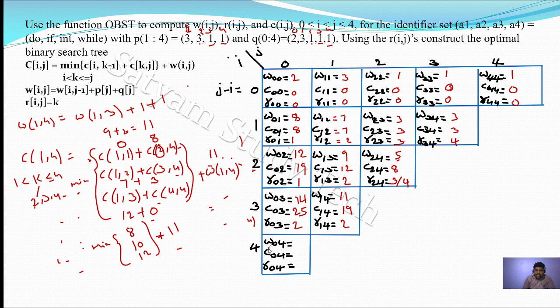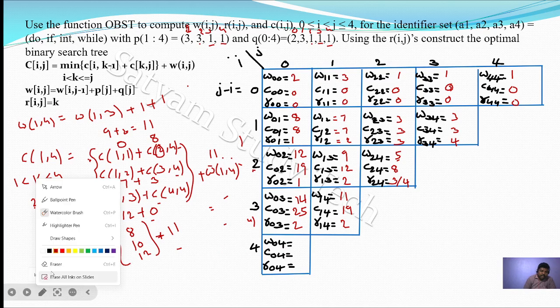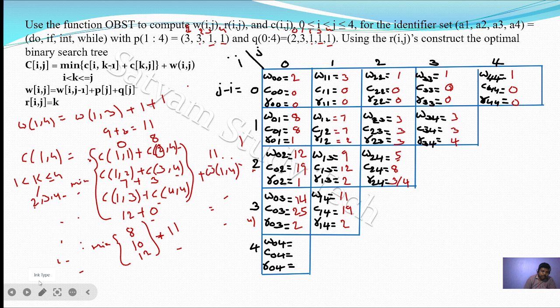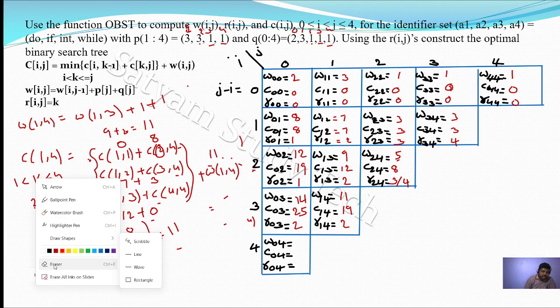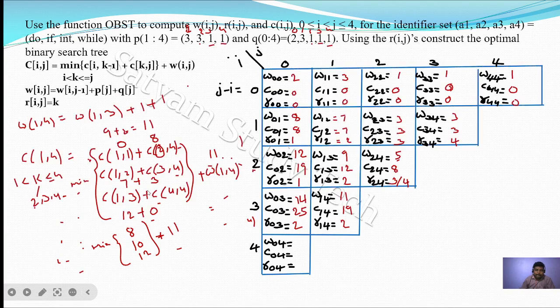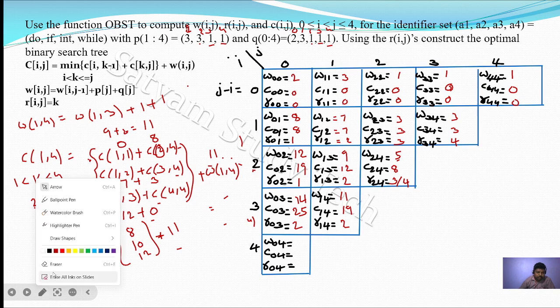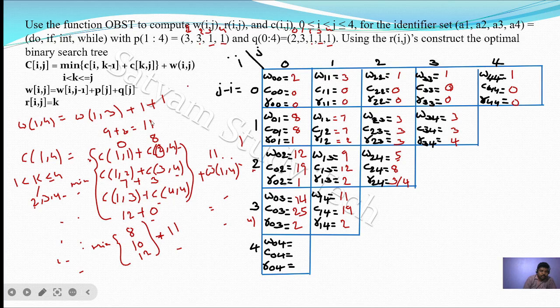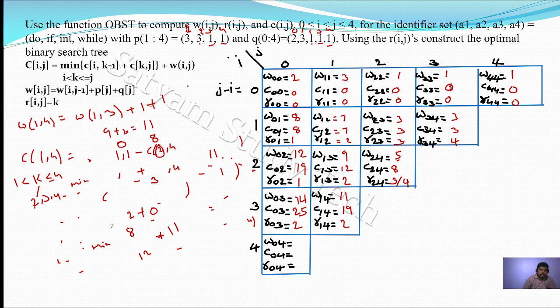Like that you can calculate W of 0,4. Then after that you can draw the diagram, the optimal binary search tree diagram. W of 0,4 is the last one, where j minus i equals 4.